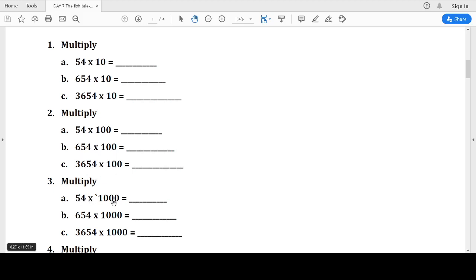Similarly, when we multiply it by 1000, we write just 54 and insert 3 zeros here. So this becomes 54,000. 654 into 1000 makes 6,54,000. 3,654 into 1000 makes 36,54,000.